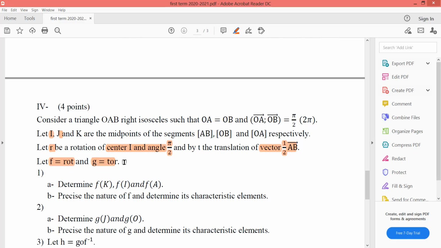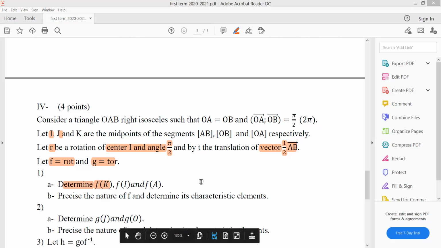R round T is different from T round R. Okay? Pay attention. First part, we need to determine f of k. How to determine f of k?